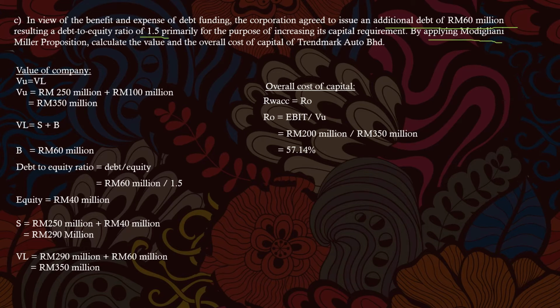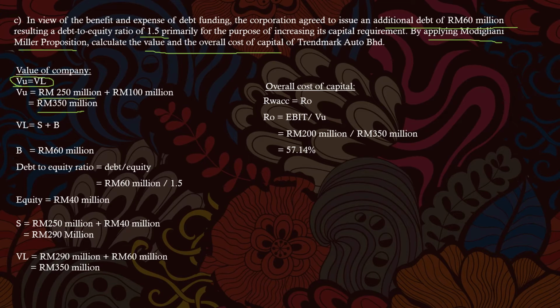By employing the Modigliani Miller proposition, calculate the value and the overall cost of capital of the company. Okay, value of unlevered is equal to value of leverage. So VU is 350 million, of which the amount of equity is 250 million.